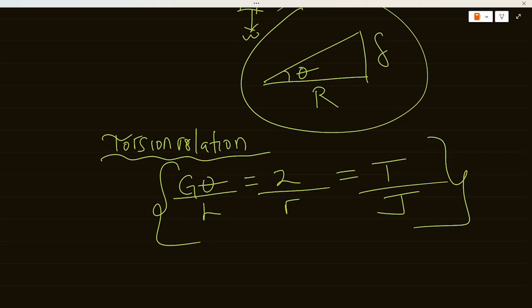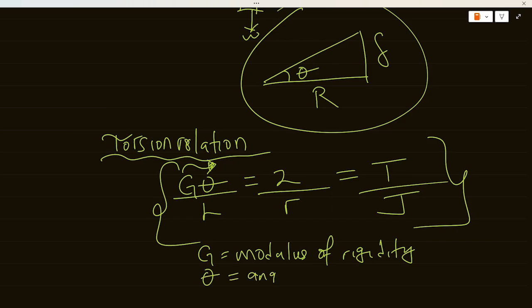Earlier in the video I said we're going to be deriving the formula for shear stress. But before we derive, let me tell you what all these letters mean. G is the modulus of rigidity. Theta is the angle of twist.